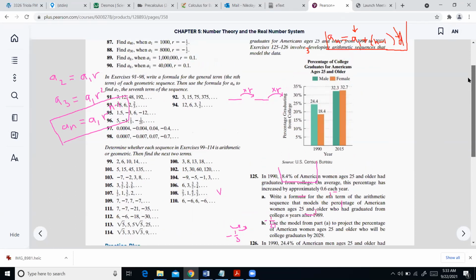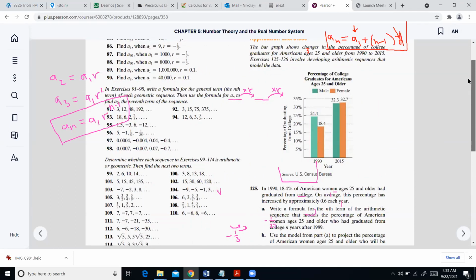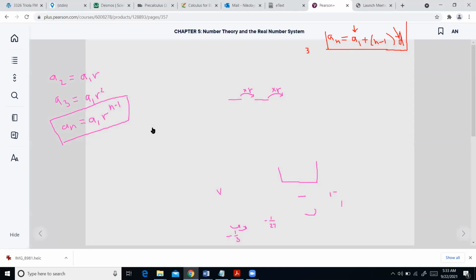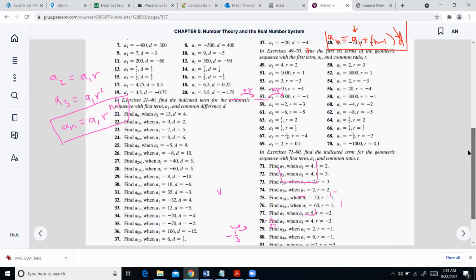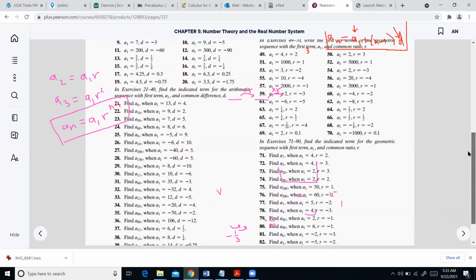There's actually a little bit more on the next page, but I think the first page should be good enough. So, geometric sequence formula.